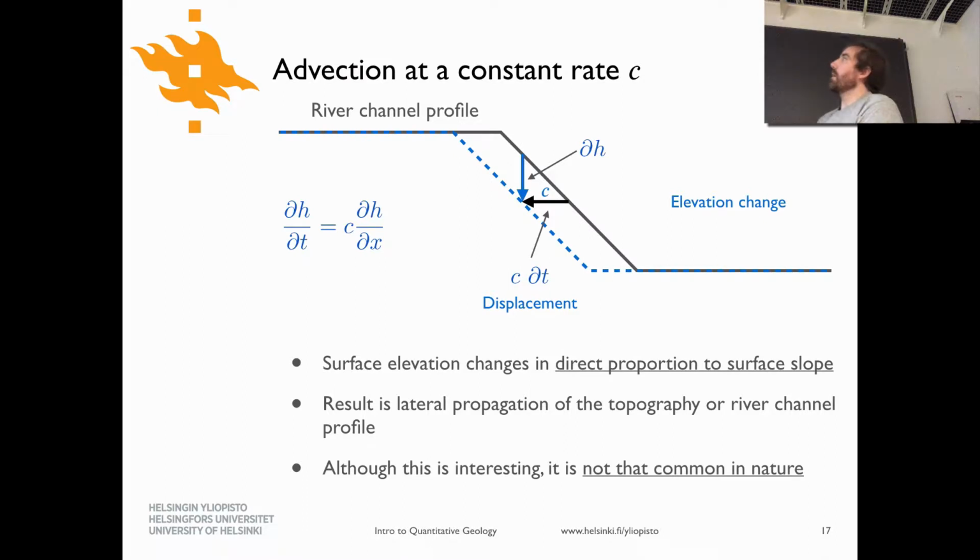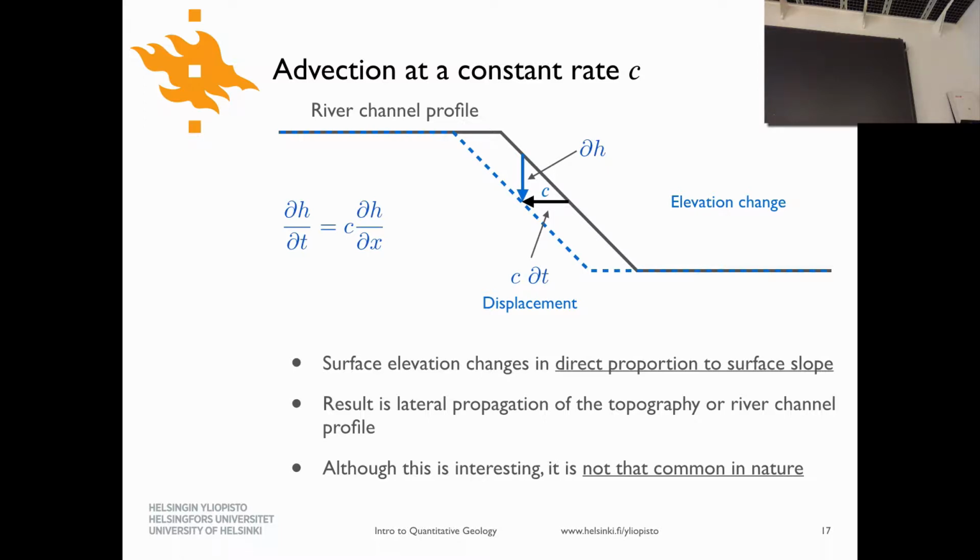So about this thing where the elevation changes directly proportional to the surface slope, we can look at this with an even more idealized example of a bedrock river. So here we have really a proper plateau, then a fixed constant slope that the river flows over, and then it gets flat again.